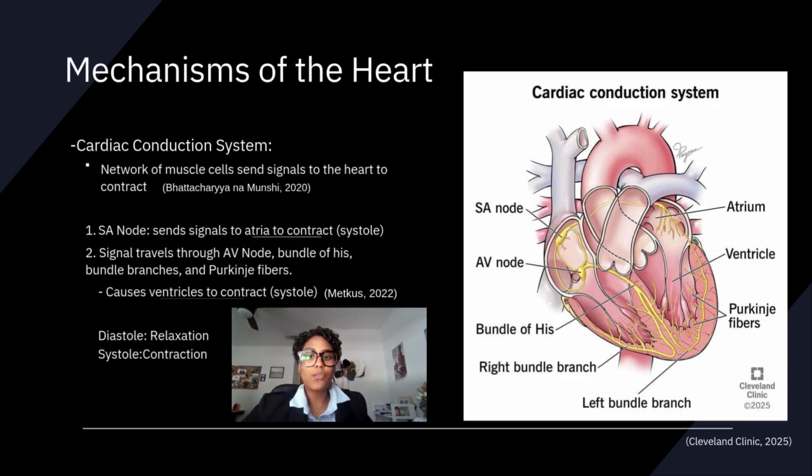Next, the signal is going to travel through the AV node, the bundle branches, and the Purkinje fibers, and this is going to cause the ventricles to contract. So for example, whenever the blood is in the right ventricle, when it contracts, it's going to go up through the pulmonary valves into the pulmonary artery and start pulmonary circulation.